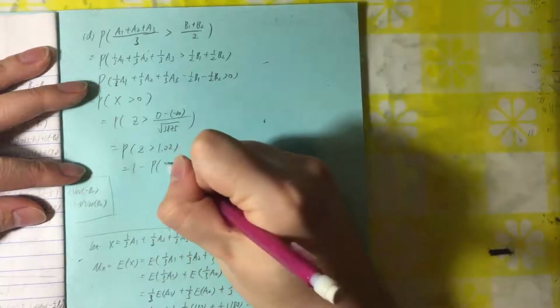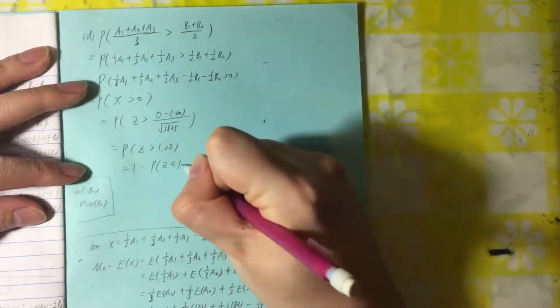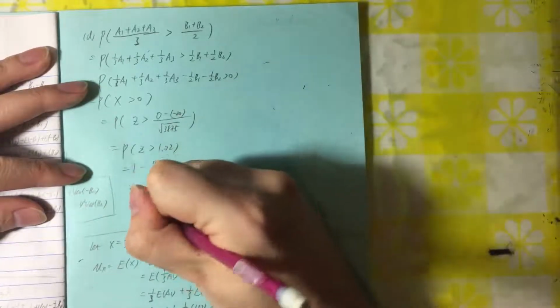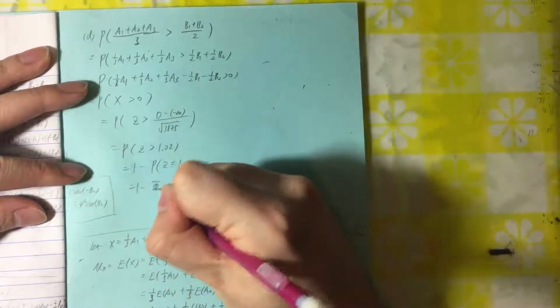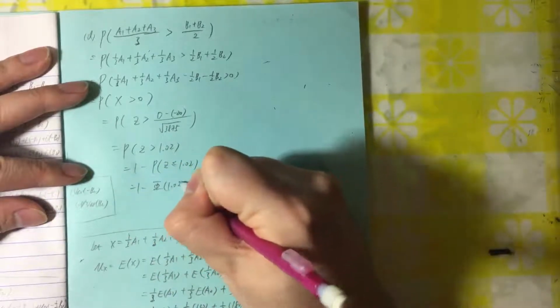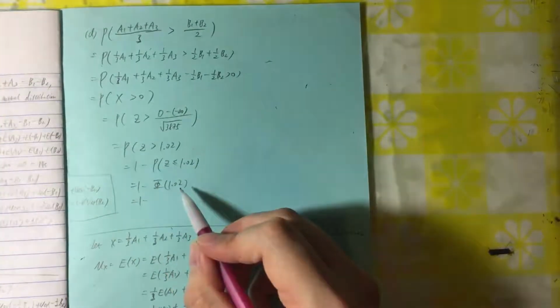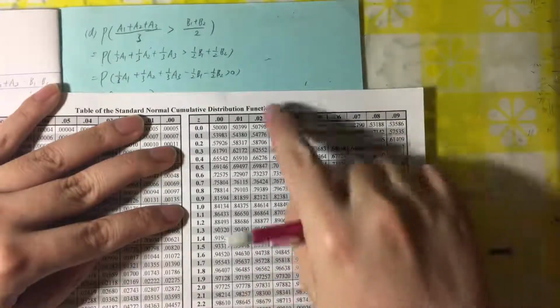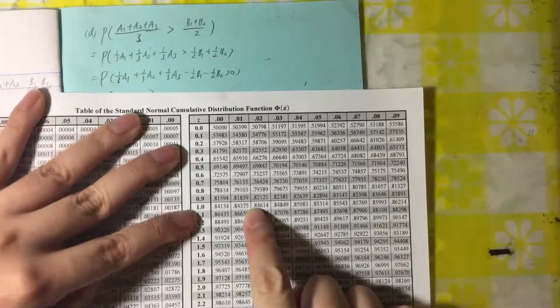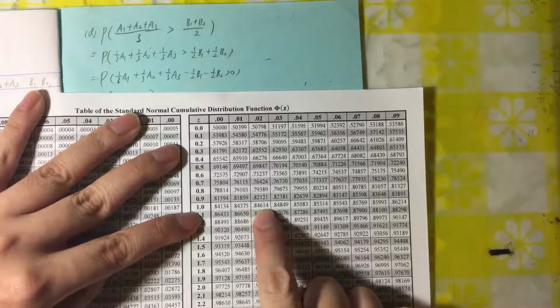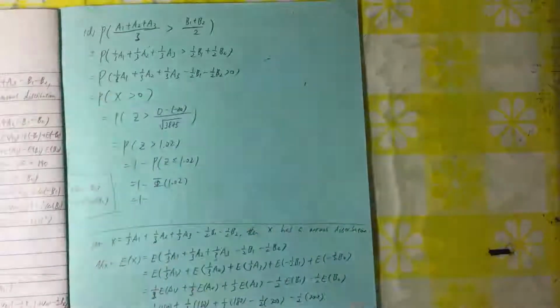This probability can be rewritten as 1 minus the probability that Z is less than or equal to 1.02. That's phi of 1.02. For phi of 1.02, I find it from the table. It is 0.84614.